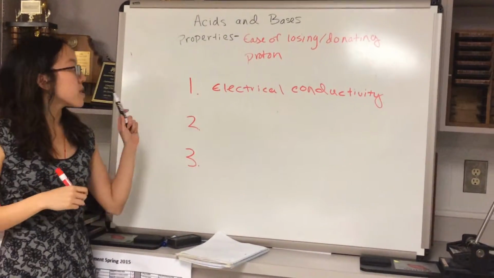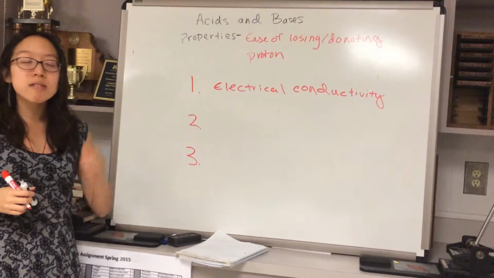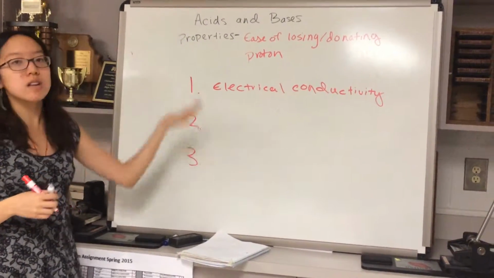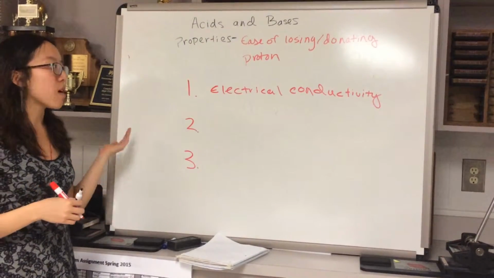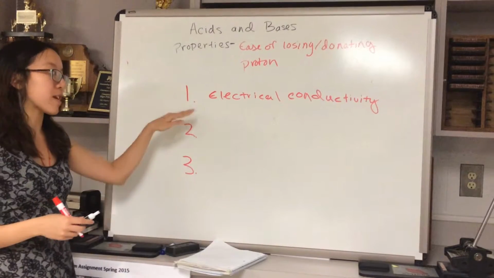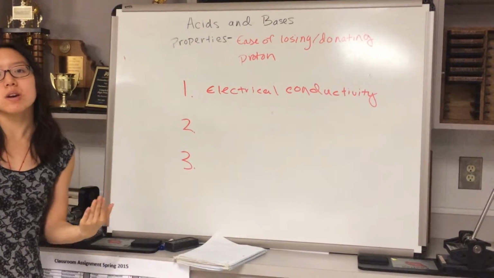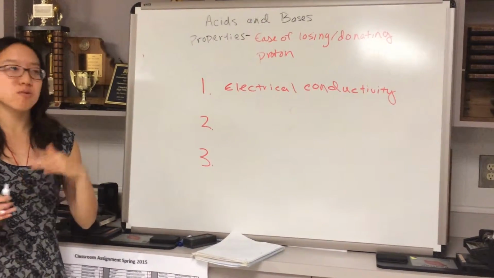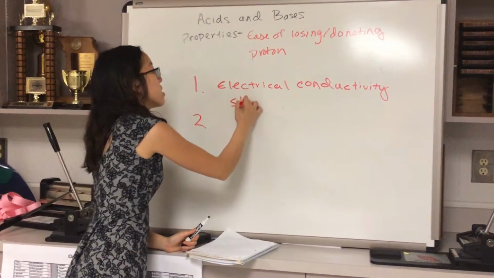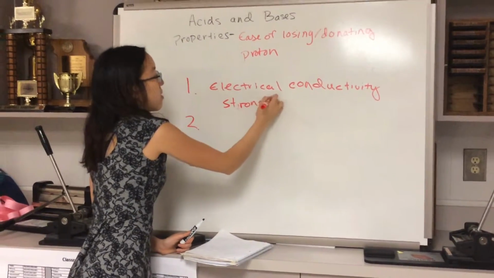Because if you have a strong acid, it dissociates completely into ions, then that means that it will conduct electricity. And as a result, you can differentiate strong from weak. However, a weakness of electrical conductivity is that you can't differentiate whether it's an acid or a base, just whether it's strong or weak.